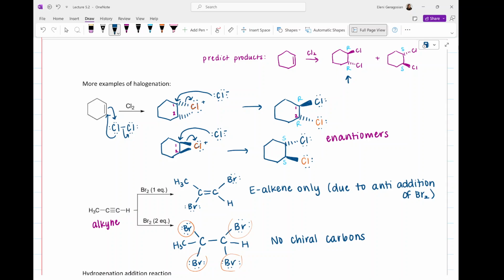Usually, if you start with an alkyne and add two equivalents of some reagent, you typically don't form chiral carbons because the same groups will be added to the same carbon, and that prevents it from being chiral. We don't have four different groups bonded to each individual carbon.